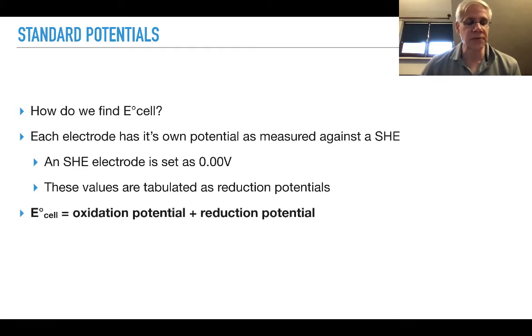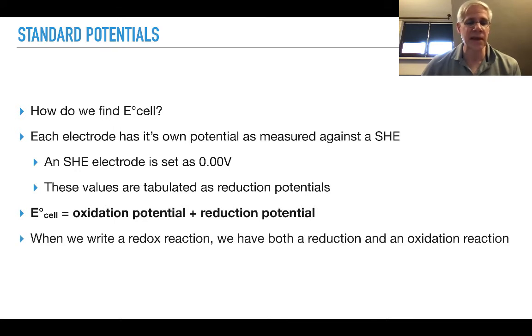So we have 2 different ways of measuring E0 cell. The first one seems a little bit more straightforward, but it involves an extra step. I show it just so that you can see it. Some people learned it this way, where E0 cell is equal to your oxidation potential plus your reduction potential. Now, we mentioned that the values in the table are reduction potentials only.